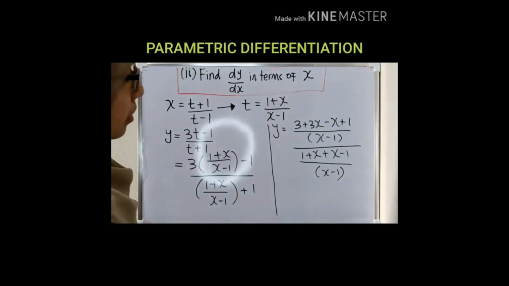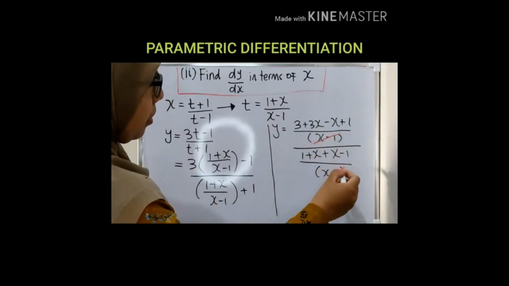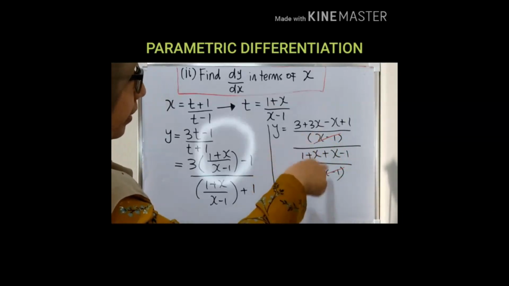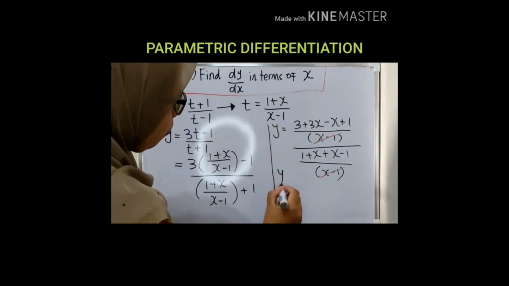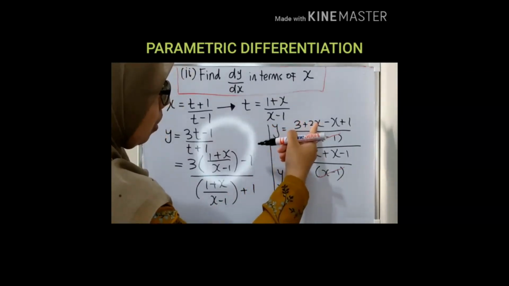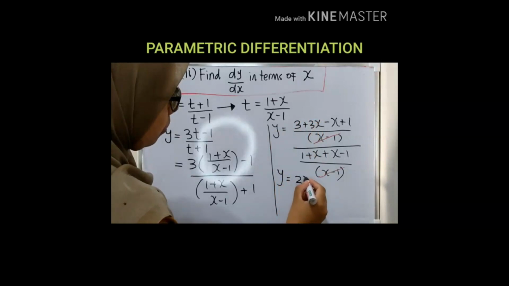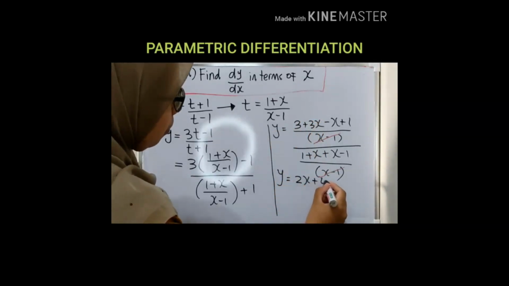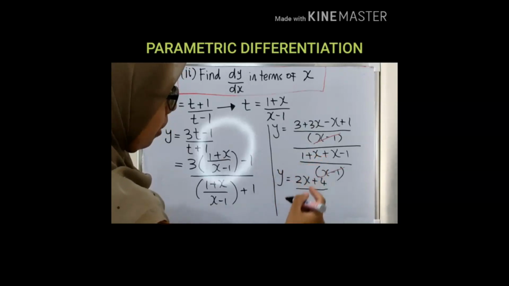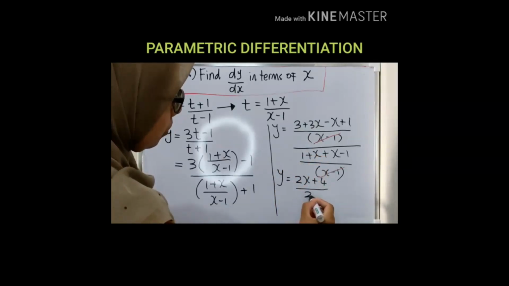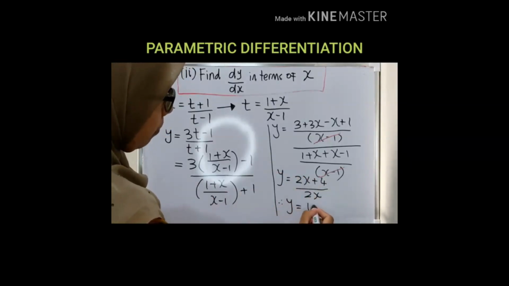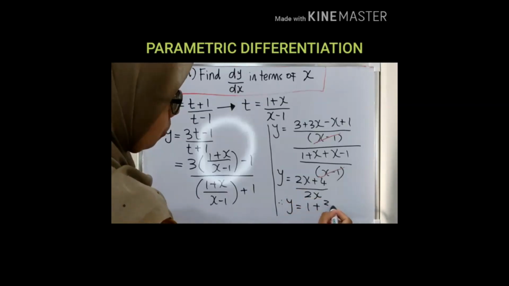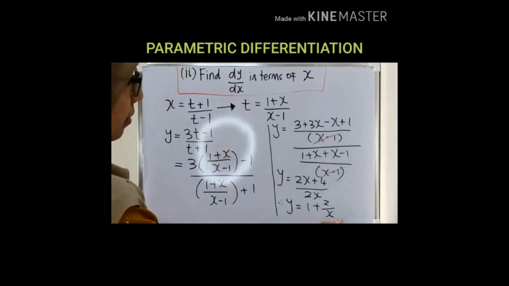So these two will cancel off, because if you rearrange this fraction, you can cancel off these two. Now we simplify this, you will have y equal to 2x plus 4 over 2x. Therefore it will give you y equal to 1 plus 2 over x.